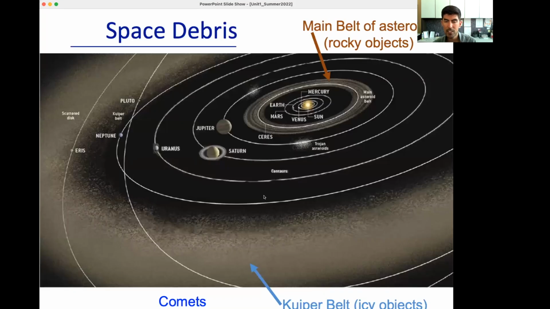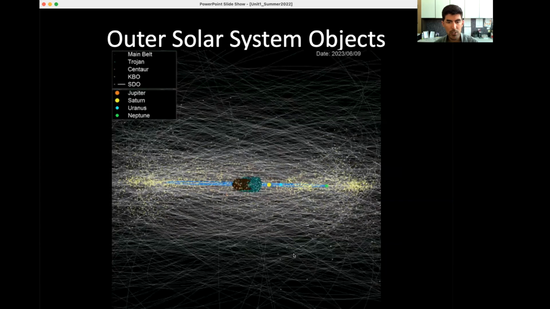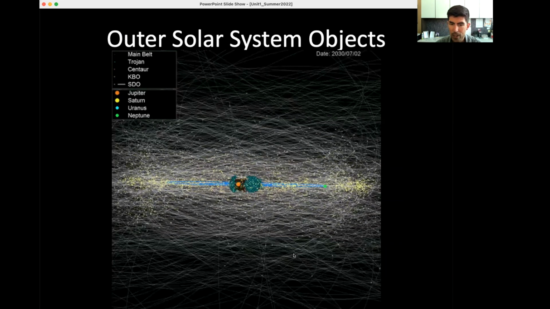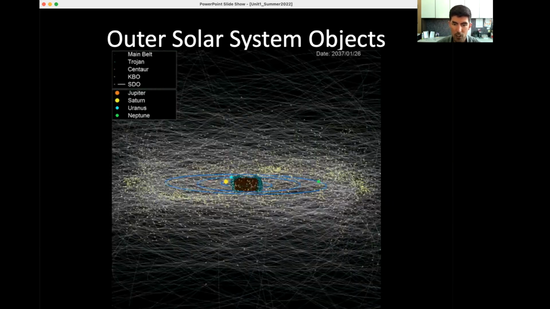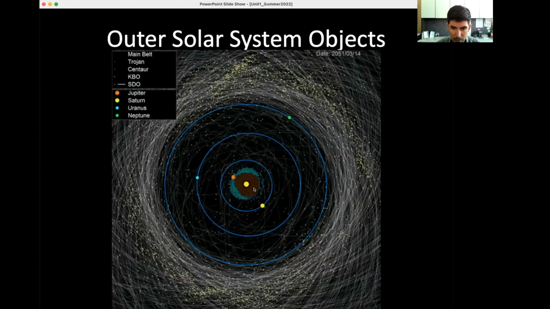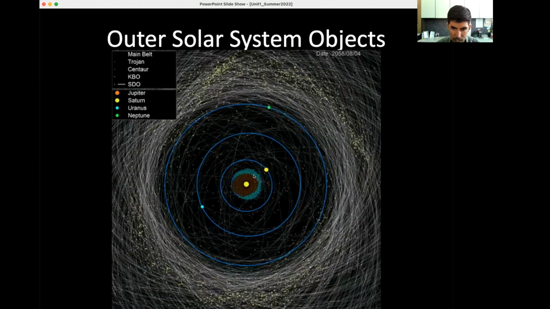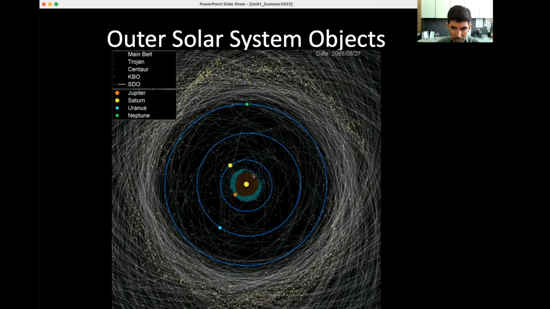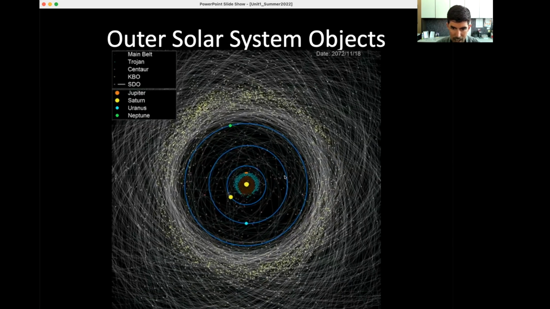Okay, so then moving into the outer solar system, we'll focus on comets and the Kuiper Belt objects. So here's another graphic that shows us the pathways for various comets. They are labeled in white, and we can see that in the solar system, where the sun, this is Jupiter. Here are all the asteroids in the inner solar system, and then the various outer planets.